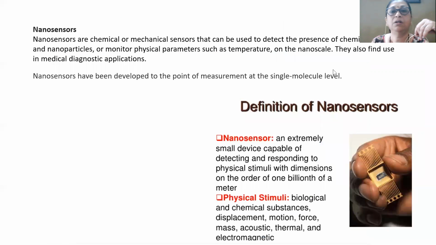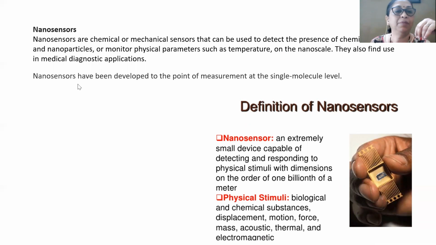These are some of the important advantages which you must know about thin film sensors. Now after this we are going to discuss another class of sensors which is given in your syllabus, and that is nanosensors. Nano means 10 to the power of minus 9. Nanosensors are chemical or mechanical sensors that can be used to detect the presence of chemical species and nanoparticles, or monitor physical parameters such as temperature on the nanoscale.